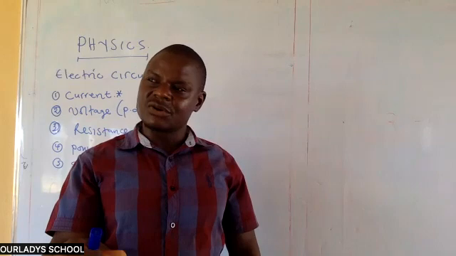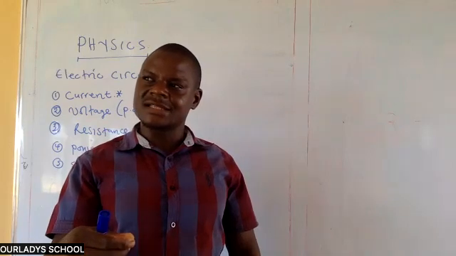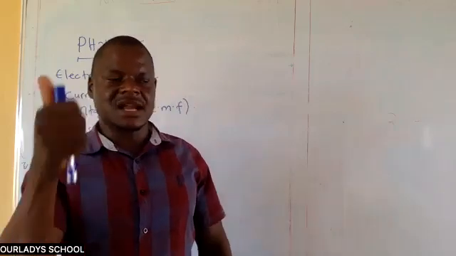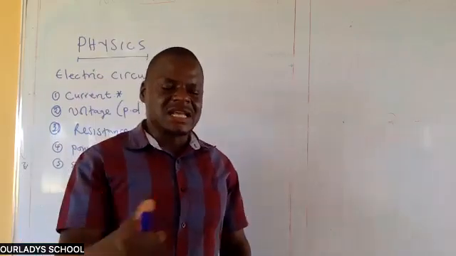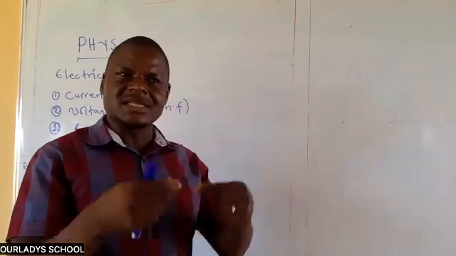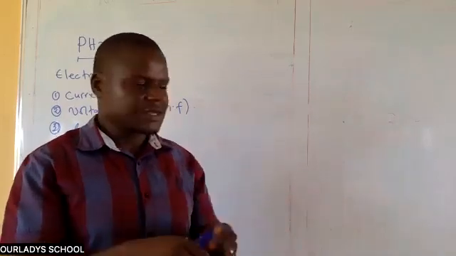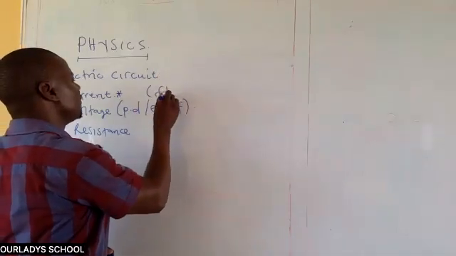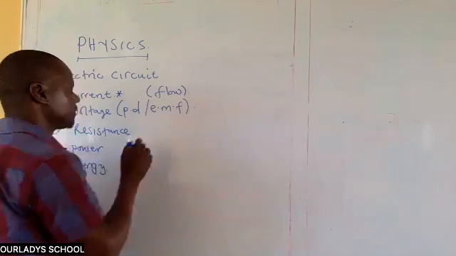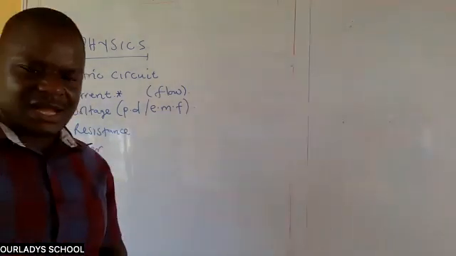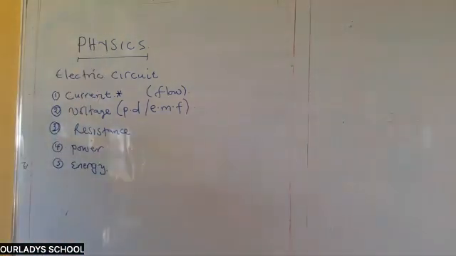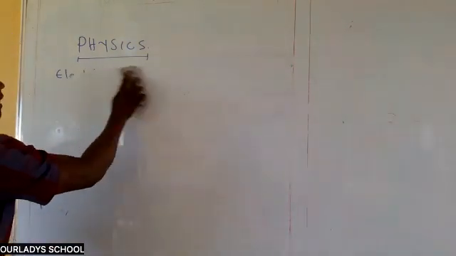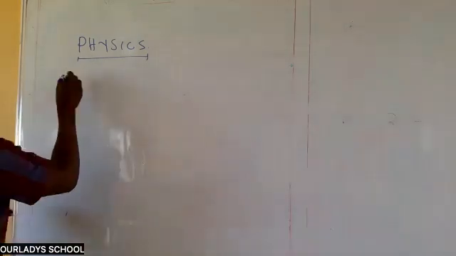Under which we also looked at the convection current. So that convection current, the word current, what is it that was talked about? Anything to do with current is everything to do with the flow. Whenever you hear the word current, what should come to your mind is the flow. So let's look at current.